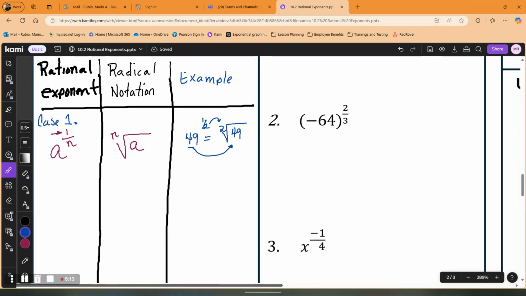So that's like saying the square root of 49, and that's going to be 7. I wrote a little bit big, okay? So anything raised to the 1/2 is the same as saying the square root of it. Interesting how that happens.